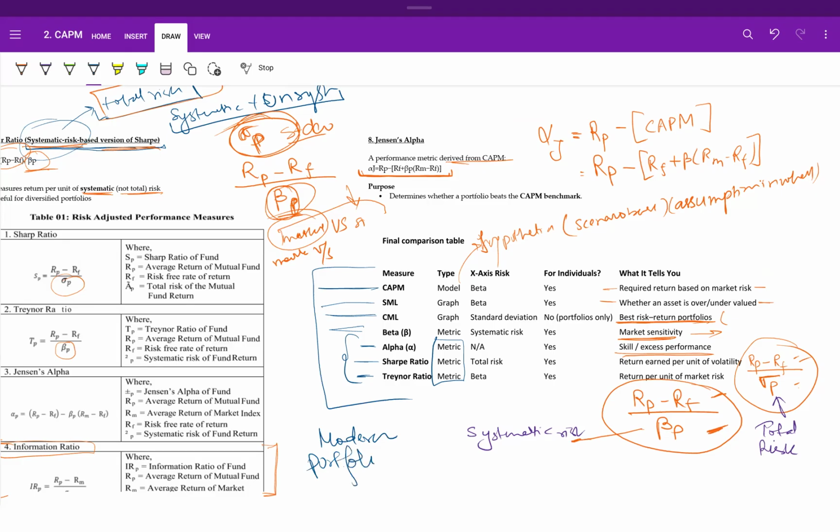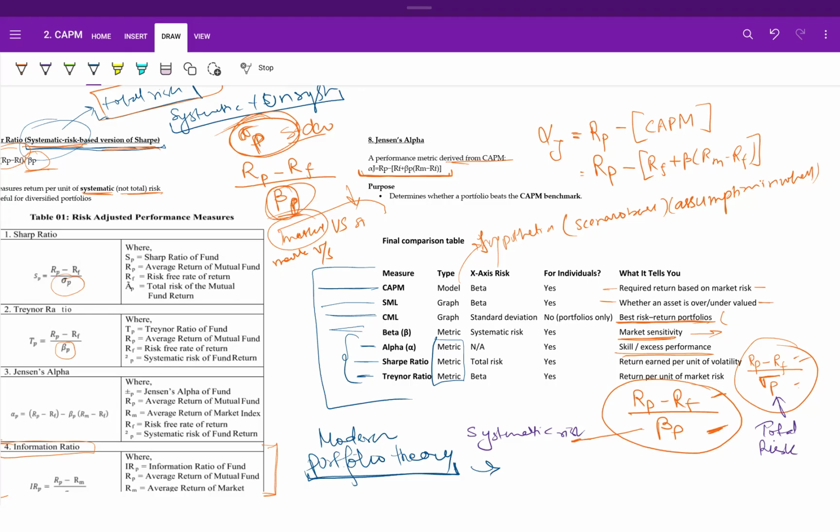Since we are talking about portfolio theory, I will make a note of how to create a portfolio and all the pointers which we need to keep in mind when we are making a portfolio. I will make a video in future for this. To summarize everything, beta measures the sensitivity to market movement.